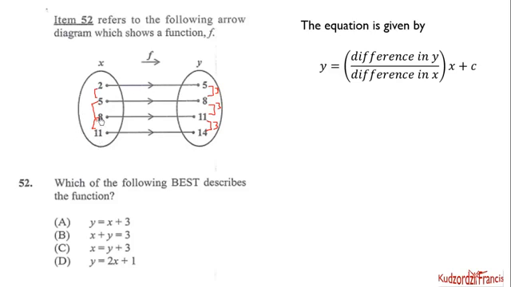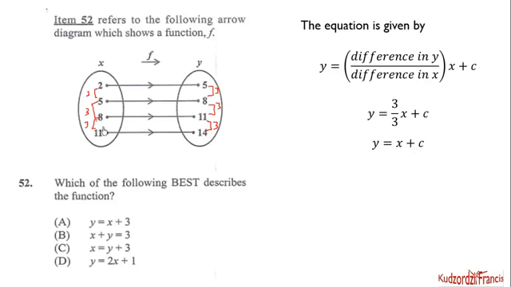So 11 minus 8 is 3, 8 minus 5 is 3, and 5 minus 2 is 3. Therefore, the equation will be y is equal to the constant difference in y, which is 3, over the difference in x, which is also 3, times x, plus c. So we get 3 over 3 times x, which is the same as y equals x plus c.